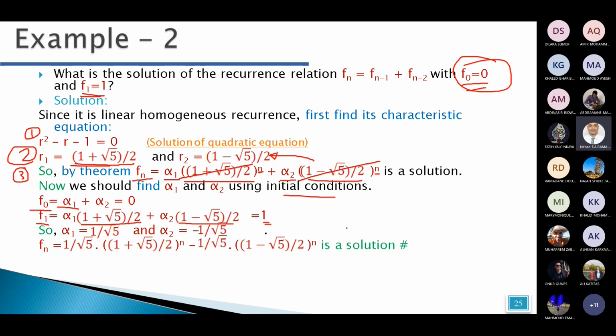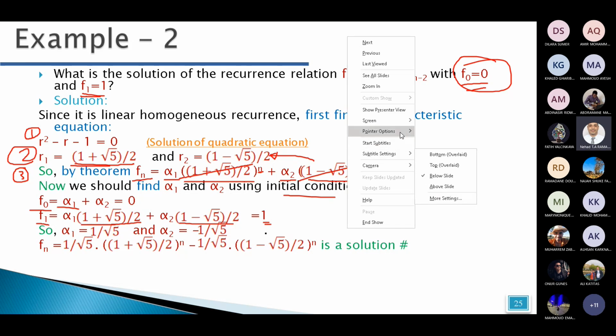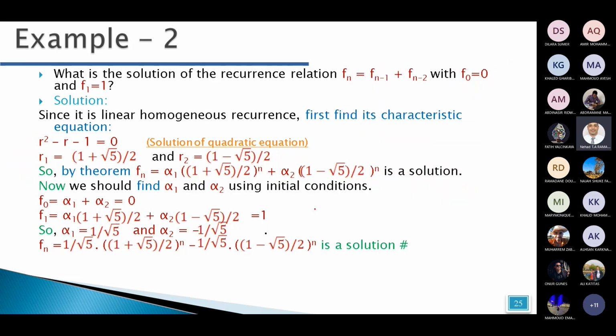When you solve these two equations together, you can subtract the equations, or you can simply say from this one, alpha 1 equals minus alpha 2. So in this equation, instead of alpha 1, put minus alpha 2.